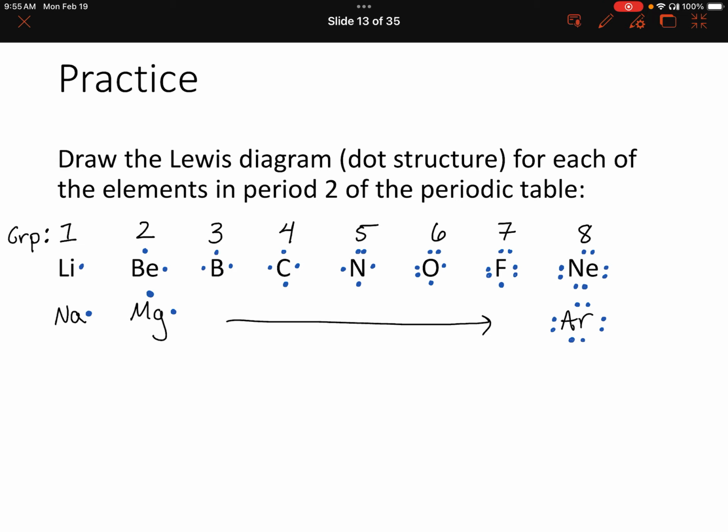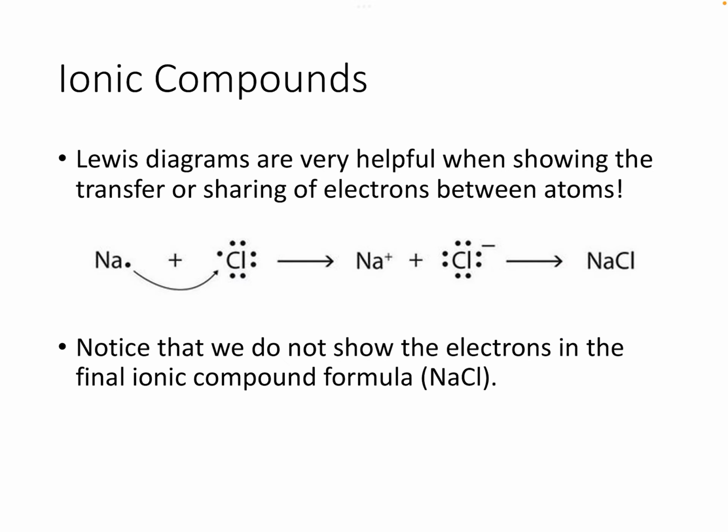So let's see how we can use these Lewis diagrams to show the transfer of electrons when we're forming an ionic compound. So again, Lewis diagrams are very helpful when we're showing the transfer or sharing of electrons between atoms. So sodium wants to give up its 1 valence electron so that it becomes like a noble gas and has 8 valence electrons. So when it gives up its electron, it is losing a negative, right?